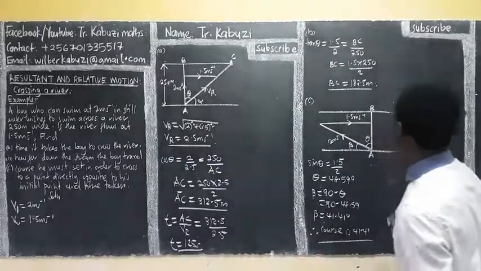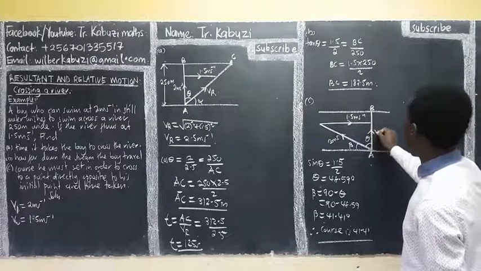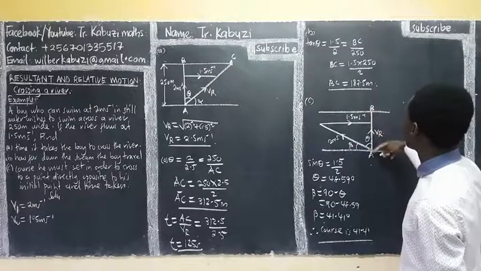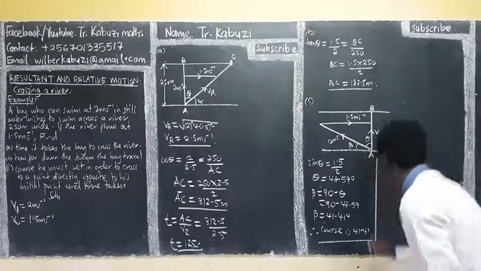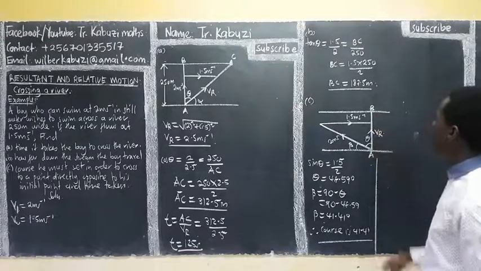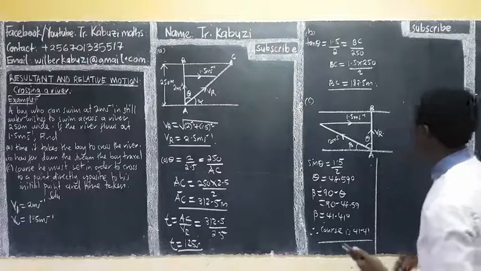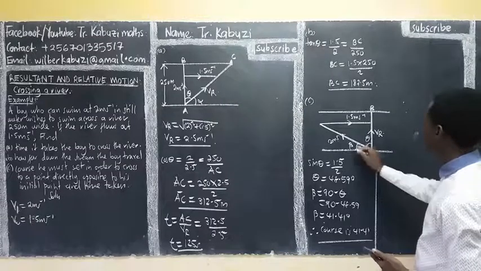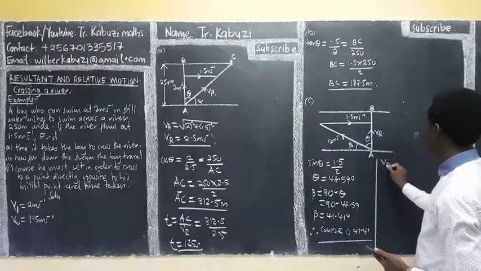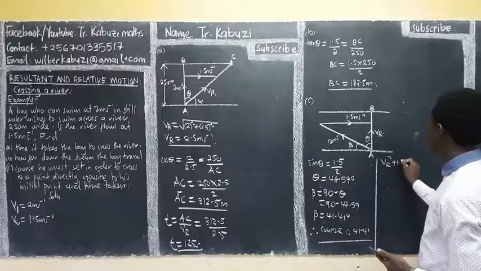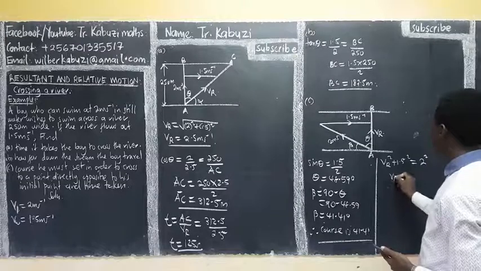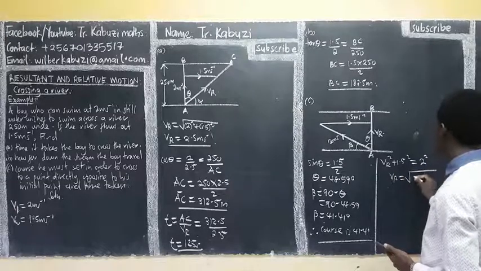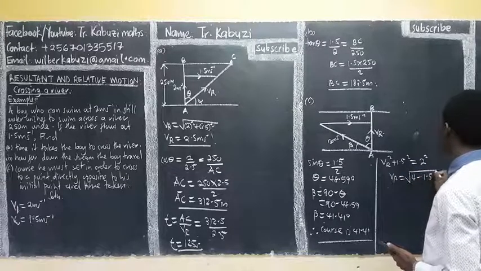Then they're asking for the time it takes. The time it takes, we need this divided by our VR. So we need to get this VR now. When I get VR squared plus 1.5 squared, giving us 2 squared, my VR is going to be the square root of 4 minus 1.5 squared.